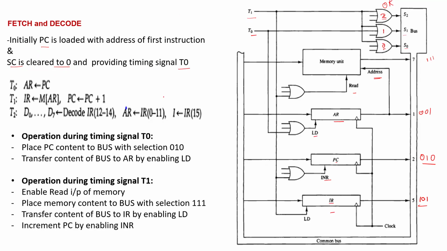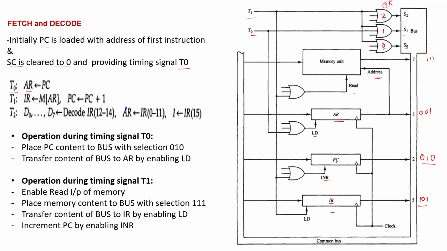We have seen earlier about the timing cycle. When we have a positive clock pulse, the timing cycle T0 will be available for one clock pulse, as the sequence counter is cleared. So during T0, the contents of the PC are transferred to the address register, and only the address register can communicate with the memory.